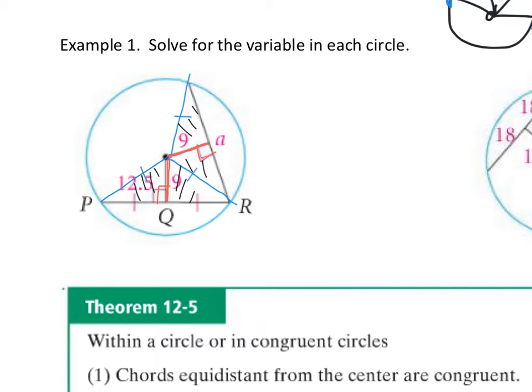They're right triangles. So that means that this segment, by CPCTC, congruent parts of congruent triangles, has to be equal to this segment right here. So I could figure out what this side of the triangle is. Actually, this side is 12.5. This whole thing is 12.5. So A has to be 12.5.